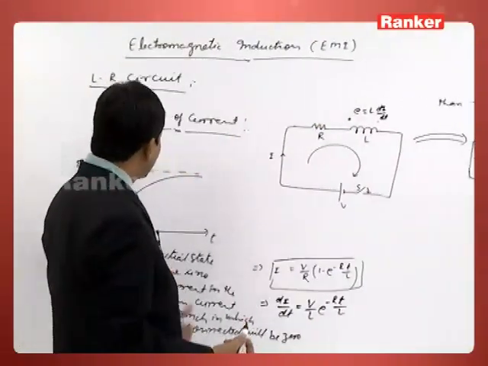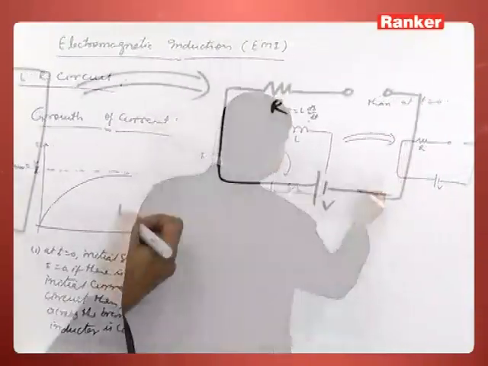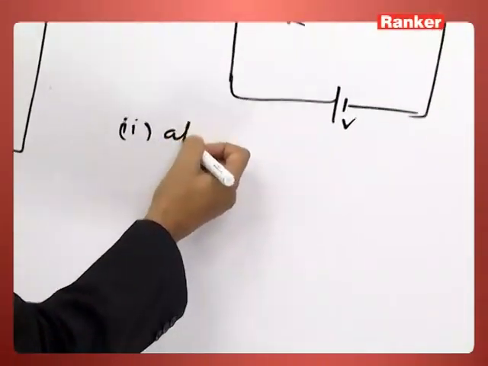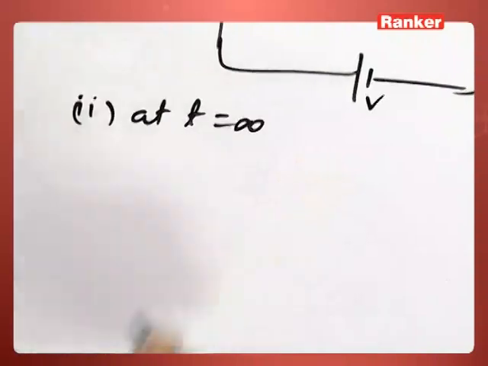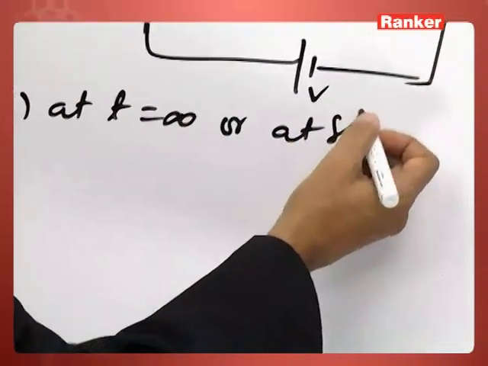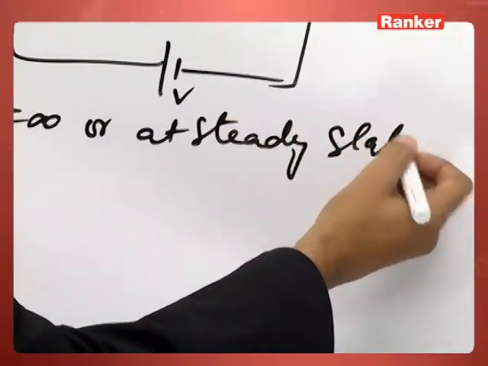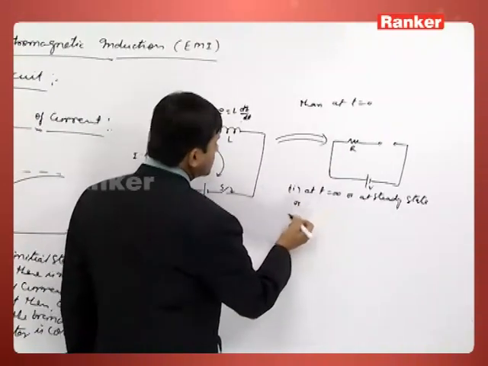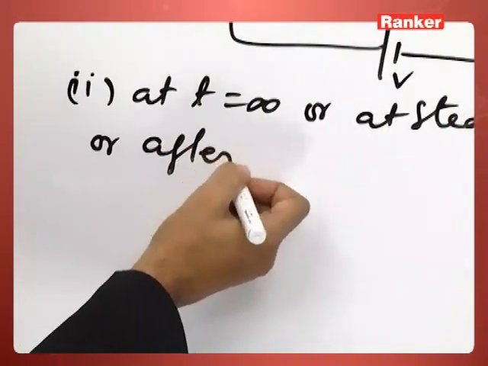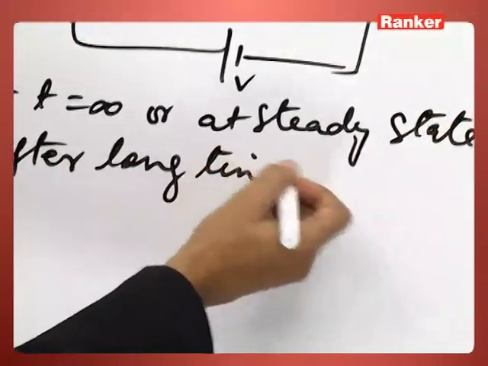Now come to the second point from here. Second point, at t is equal to infinity, or sometimes it is also called steady state, or after a long time.